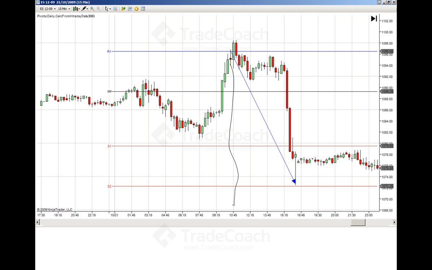Okay, this one happened at 10:45. And it just moved on down, and it gave us as much as we wanted. Now because I was already in a trade, I'm happy to hold it past 3. I'm happy to hold it up to 15 minutes before market close.